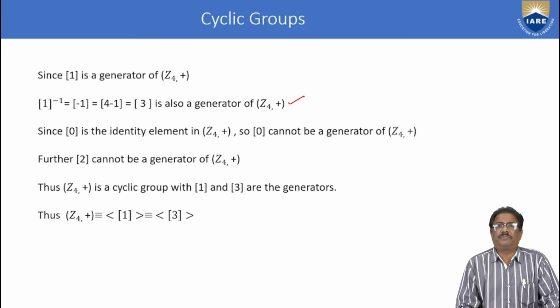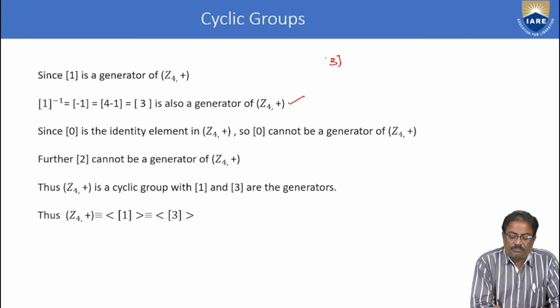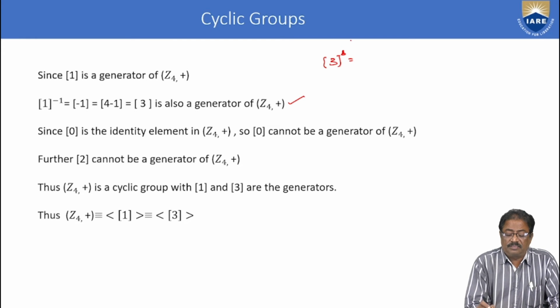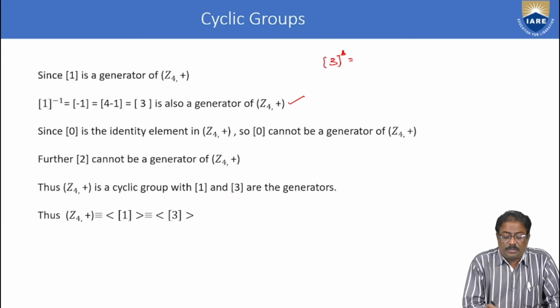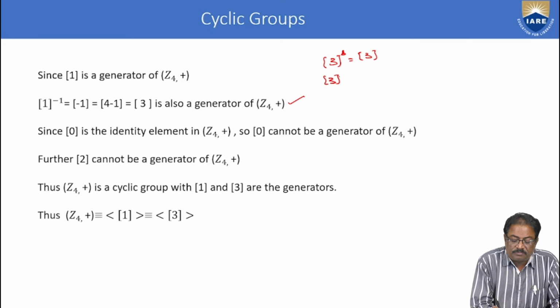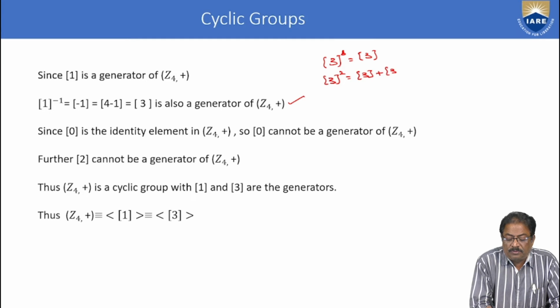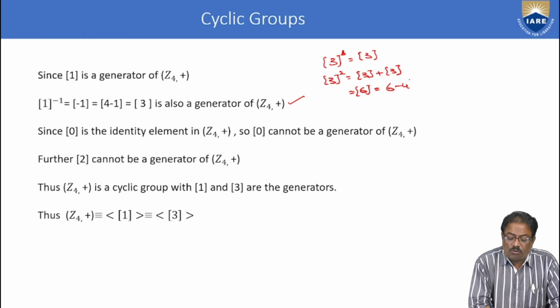If you want to verify, you can verify whether 3 power 0, 3 power 1 is 3, then 3 power 2 is 3 plus 3, which is equal to 6, which is greater than 4, so it is 6 minus 4, so this will become 2.